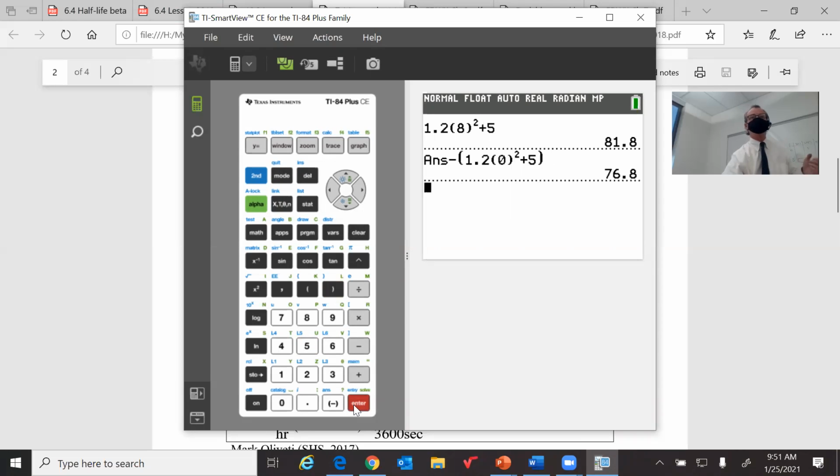And that 76.8 represents the anti-differentiation under the acceleration curve.